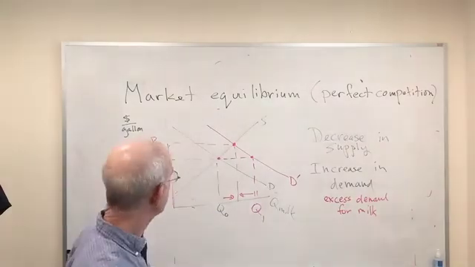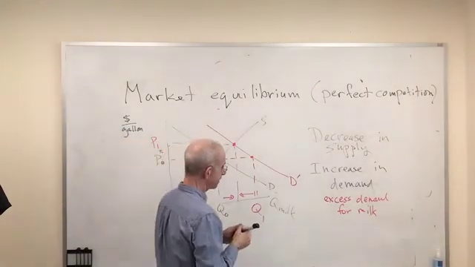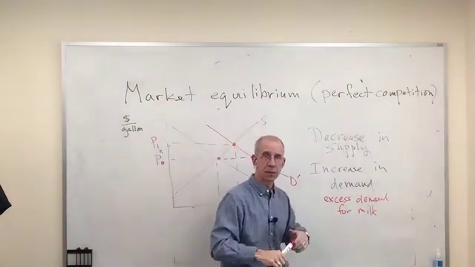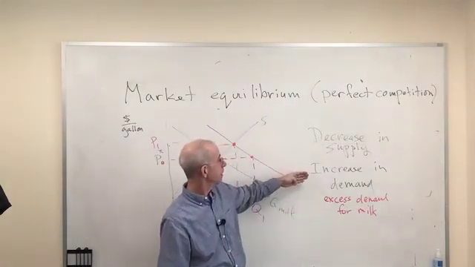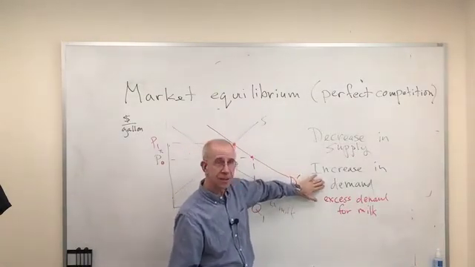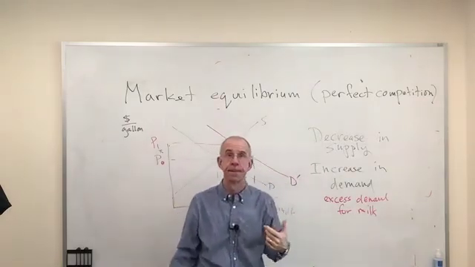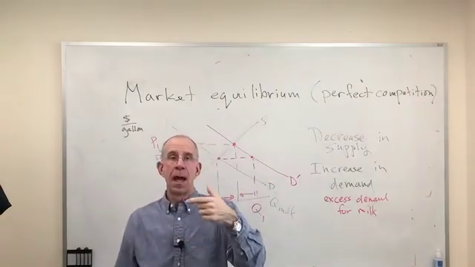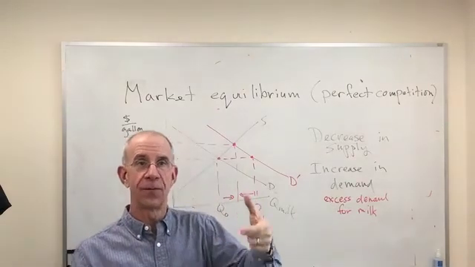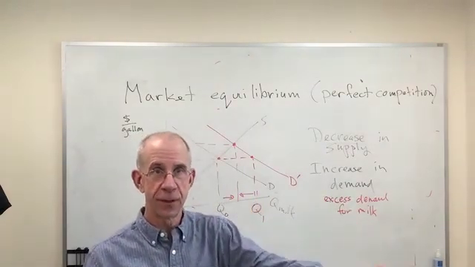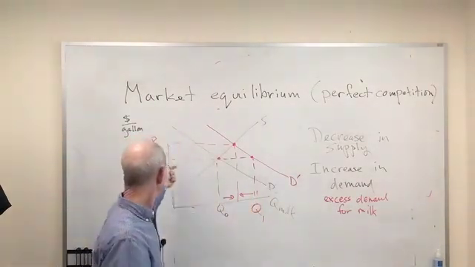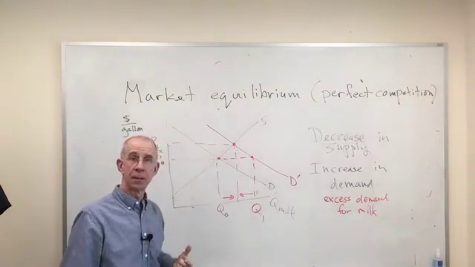Now, one bit of terminology here, it's important to get this distinction correct. So we initially had an increase in demand, okay, so a shift in the demand curve. As a consequence of that shift, we have had an increase in the price.